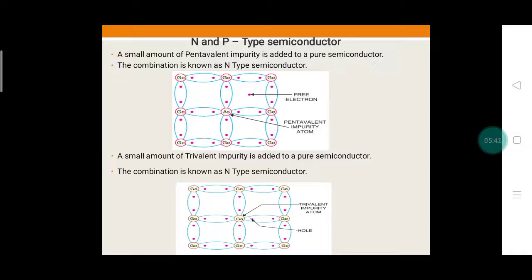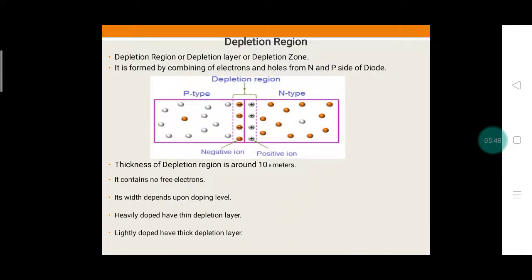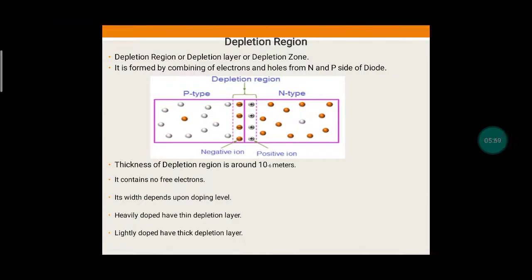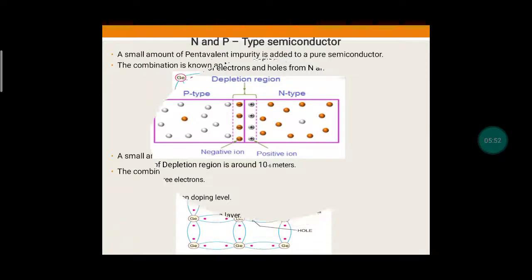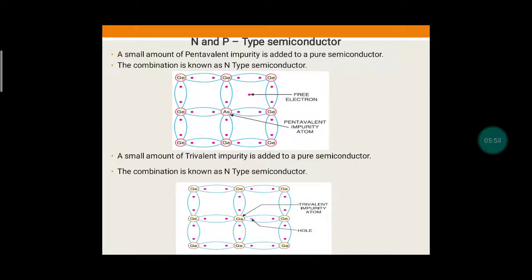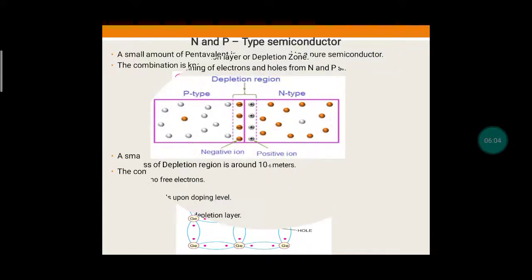Similarly, if we have a p-type semiconductor, then there is a presence of holes in large extent, and we have a trivalent impurity in that case.